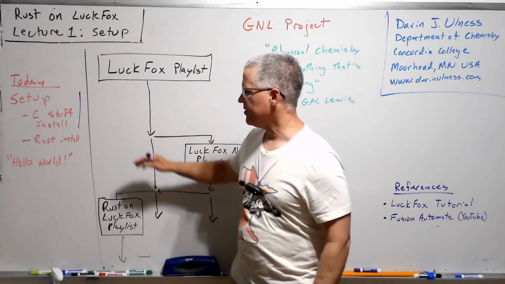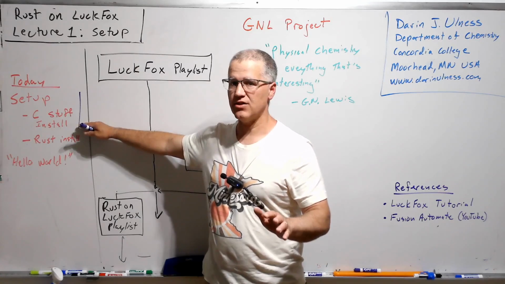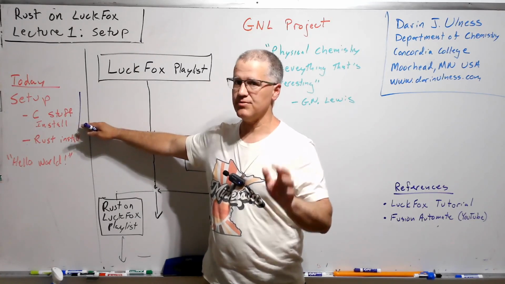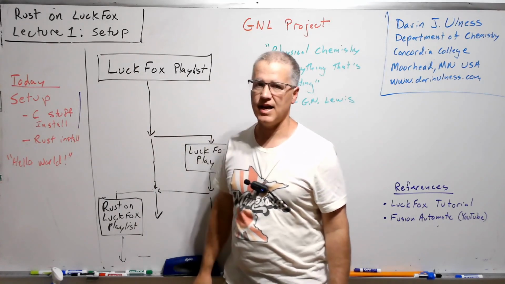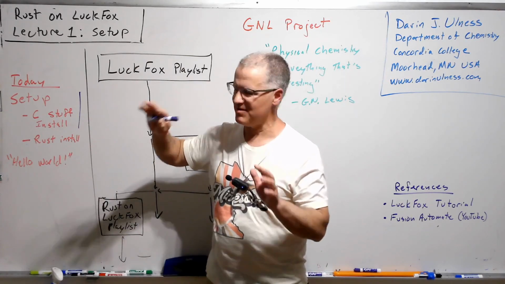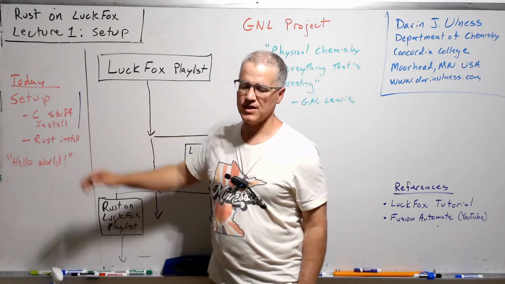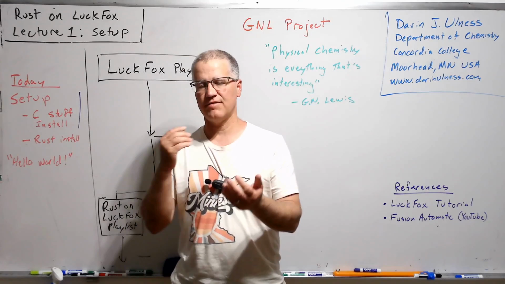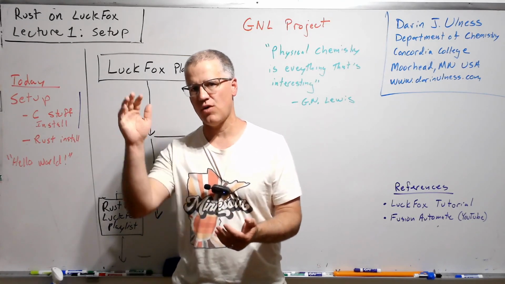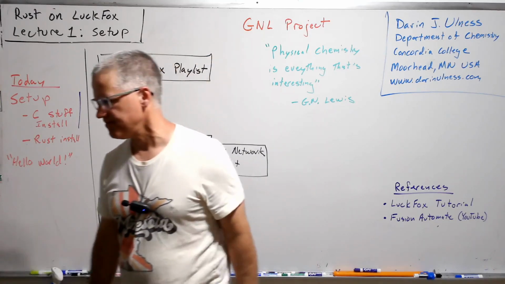And one of the things it's missing are the build essentials for C. It has the C compiler there, so you could run C programs, but it does not have enough of the stuff that the Rust compiler needs. And I'm not super clear on all the details, but I do know that we have to install that. So that's what we'll do. I've got a setup guide that we'll just walk through step by step. So let's go to the computer and do that.